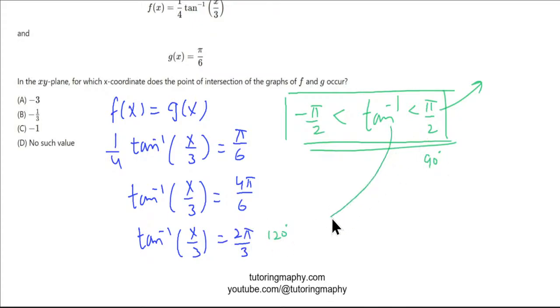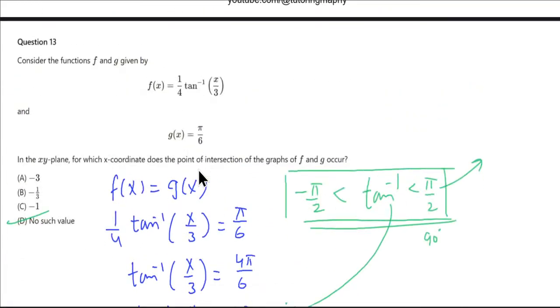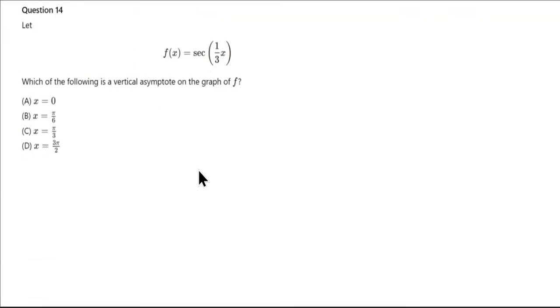How can tan inverse ever be equal to 120 degrees? So there is actually no value for which these two will ever intersect, because this is beyond the range of tan inverse. So the answer for this one is option B.